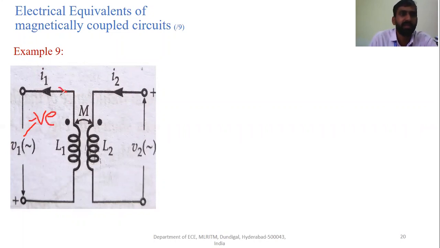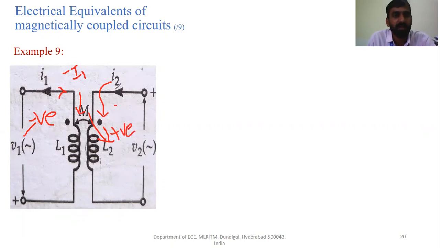And if you consider this as minus I1, that means minus I1 is entering the dot, and I2 is also entering the dot. So this M is going to be positive over here, right? With respect to minus I1 and I2, the M is going to be positive.